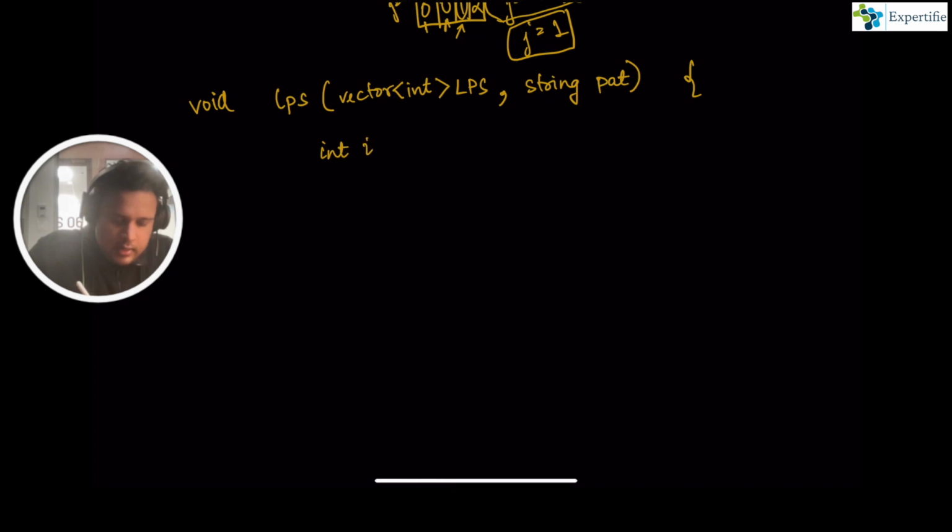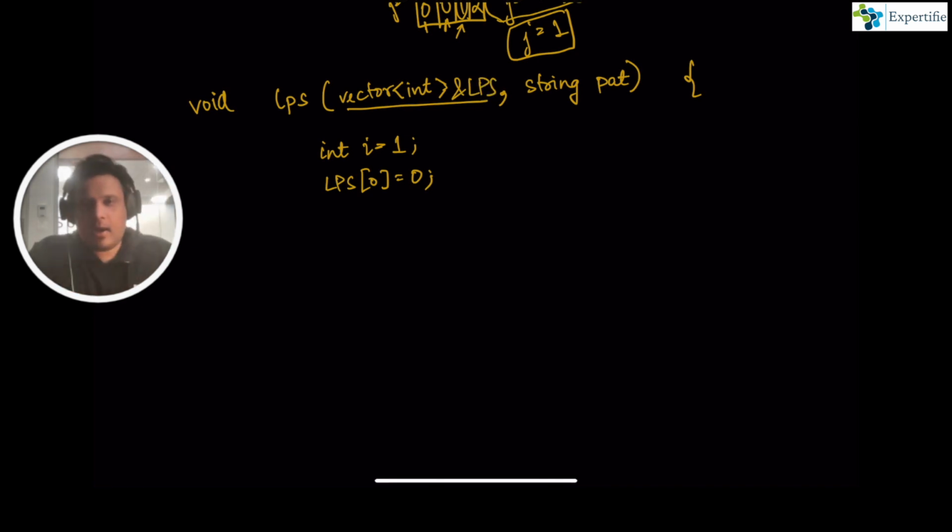Int I equal to 1, LPS of 0 is equal to 0. This is a vector which has been passed, and I will prefer to pass it by reference. And I'm expecting that you have already initialized a vector and given it to me. So int I equal to 1, LPS of 0 equal to 0.